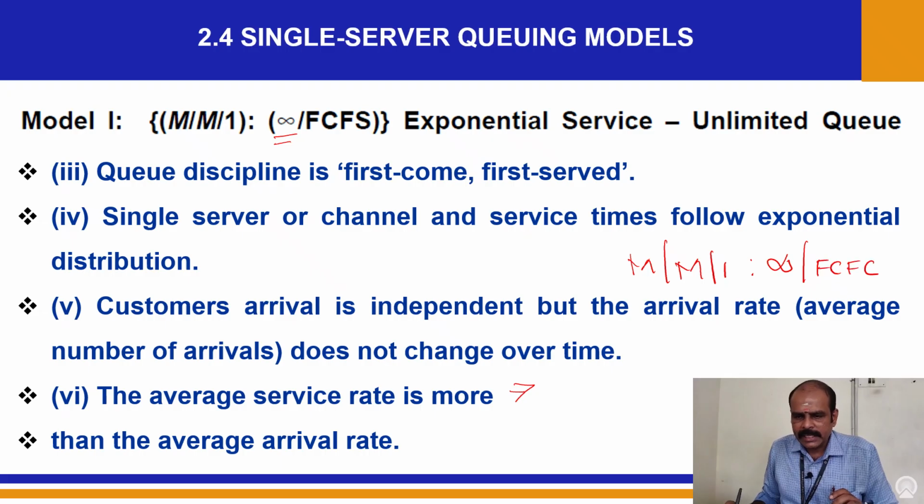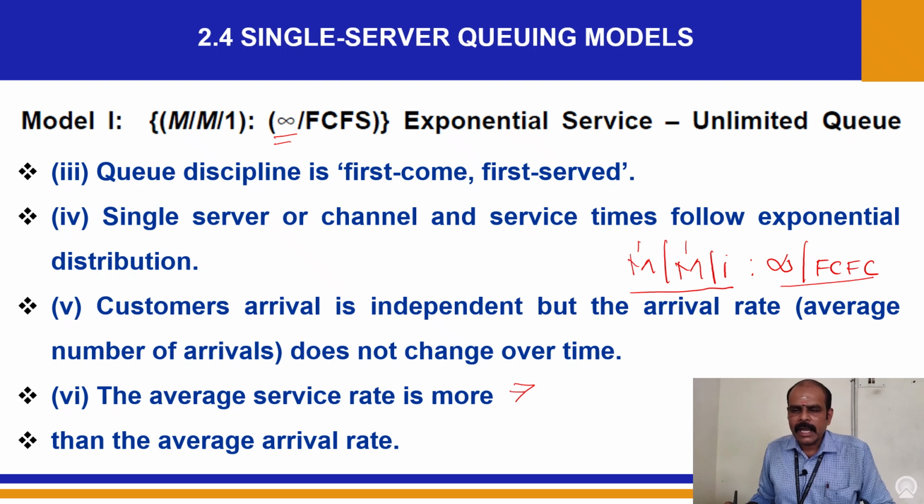That means this is going to be a pure birth process and this is going to be a pure death process. That is the first takeaway. This entire notation is called Kendall's notation. That is the second takeaway. And the third takeaway is that Poisson's distribution is represented by capital M, and only one counter, that is one server, is there, that is number 2.